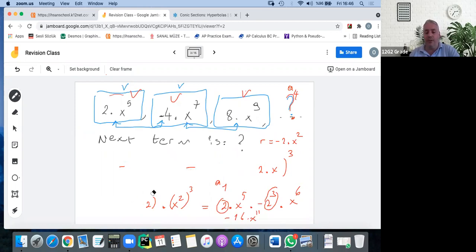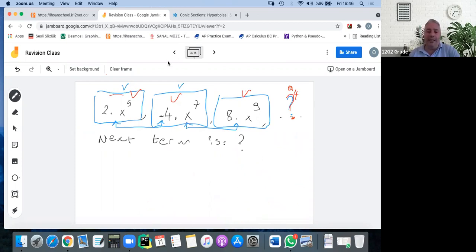Since this is a geometric sequence, and I said that the common ratio is -2x to the power of 2. How did I find this? Second term divided by first term. So -2x to the power of 2. Now be careful.